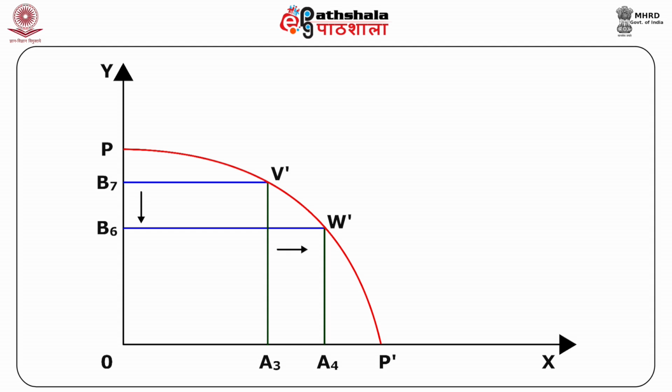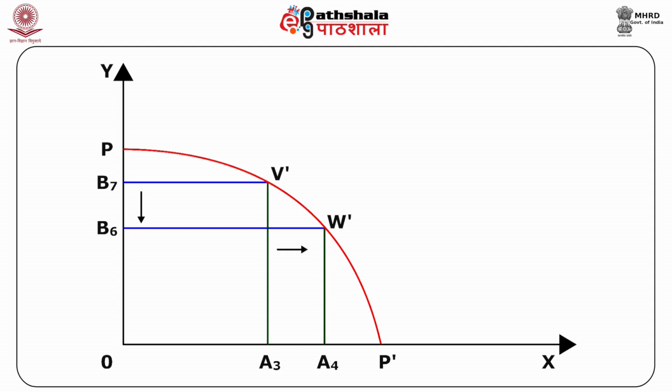Now, if we were to join the points V prime and W prime, as we have just said, because of increasing cost or because of the convexity of the isoquants, what we find is that the relationship between V prime and W prime is non-linear.